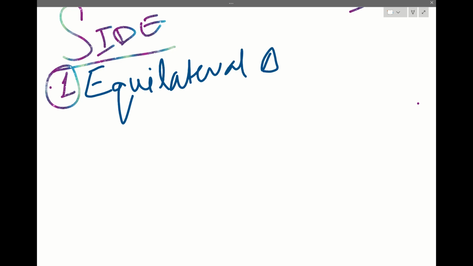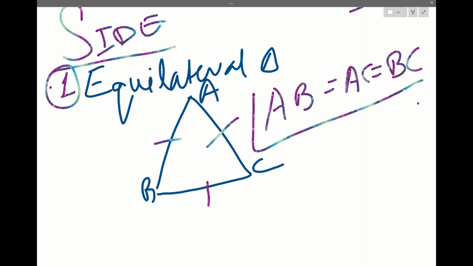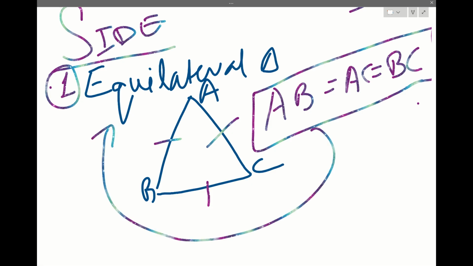In a triangle there are three sides A, B, C, and if these three sides are equal to each other, meaning AB equals AC equals BC, then such a triangle is known as an equilateral triangle. So a triangle in which all three sides are equal is known as an equilateral triangle.